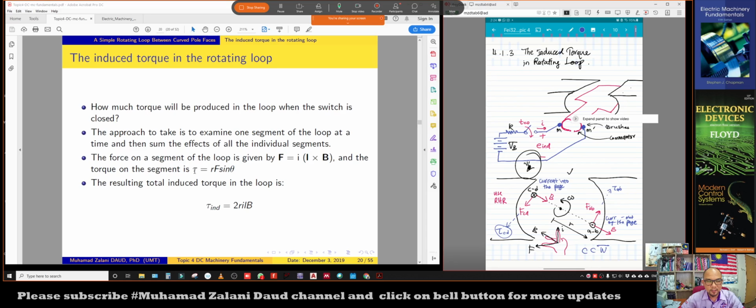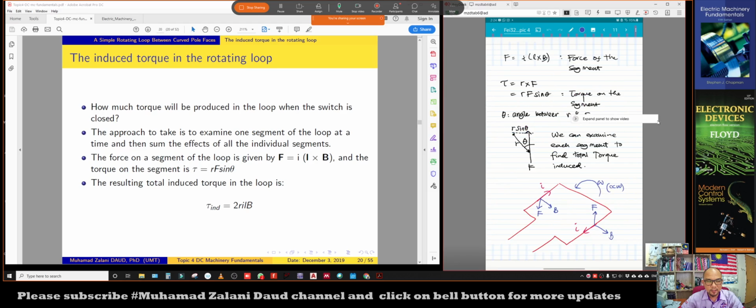If you have a look at the written lecture notes here, I have explained in more detail compared to the slides. As you can see in the lecture notes, we can use this equation, force = IL × B.